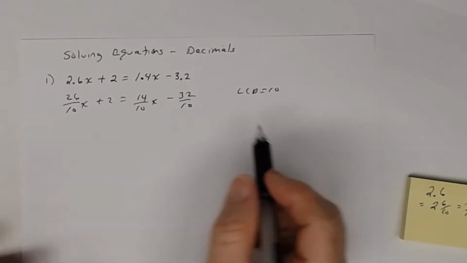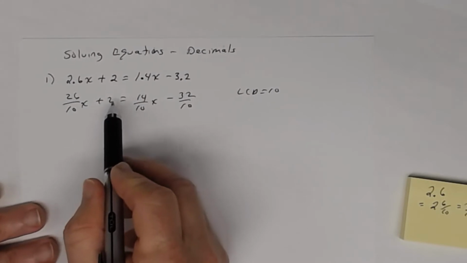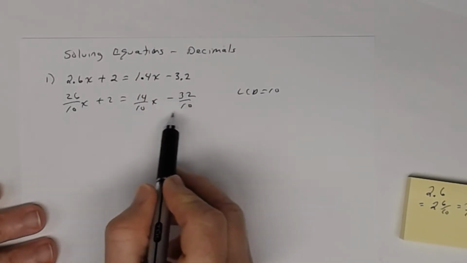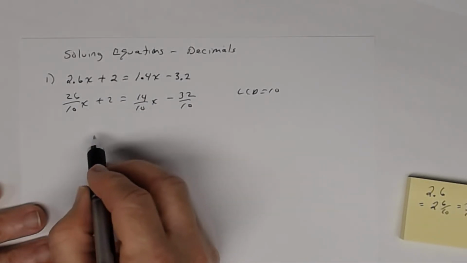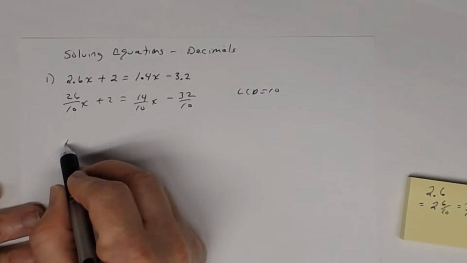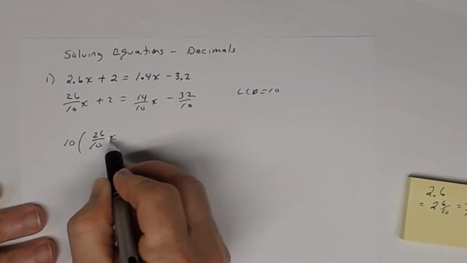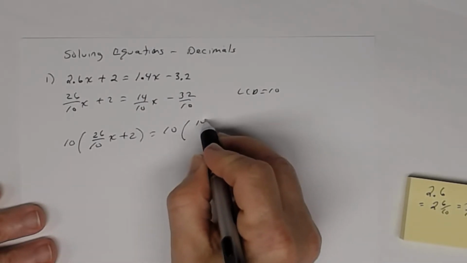And now we're going to multiply both sides by 10. And notice this side you have 2 fractions, and this side you have 2 fractional terms as well. So we're going to put both of those sides in parentheses. So we're going to say 10 times the left-hand side, just like this, equals 10 times the right-hand side.